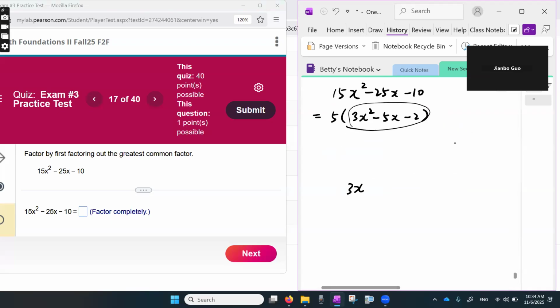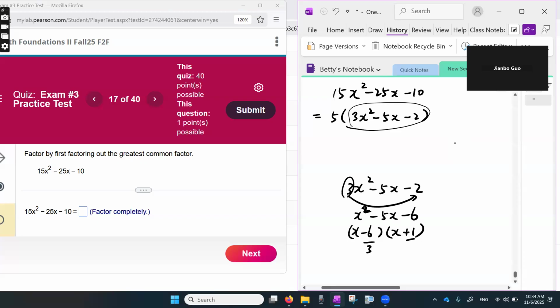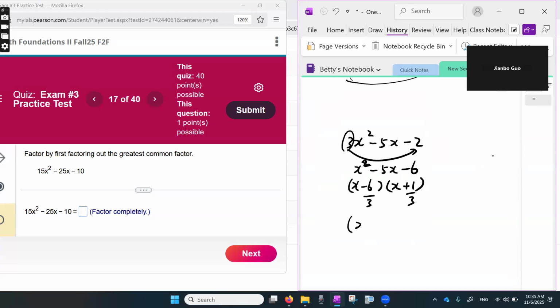So 3x squared minus 5x minus 2, slide, x squared minus 5x minus 6, factor, x minus 6, x plus 1. Negative 6 times 1, negative 6. Negative 6 plus 1, negative 5. Divide by 3, which is the leading coefficient slid away, right? Simplify x minus 2, x plus 1/3.